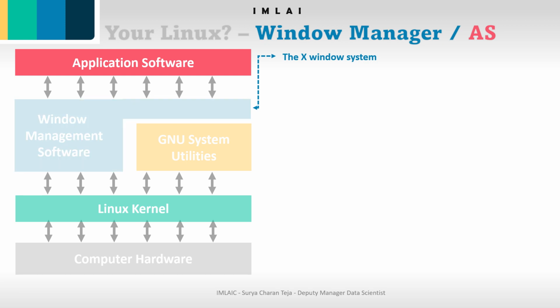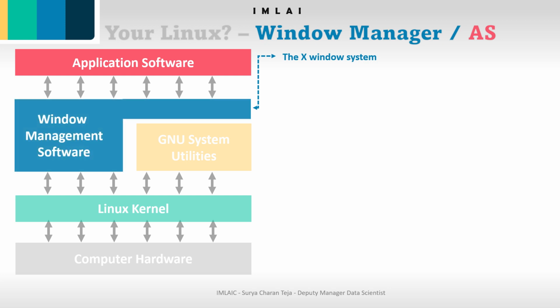This spurred more development in the open source community, and the Linux graphical desktop emerged. This is the background of how Linux window management software and the graphical desktop emerged. It began with the X window system.